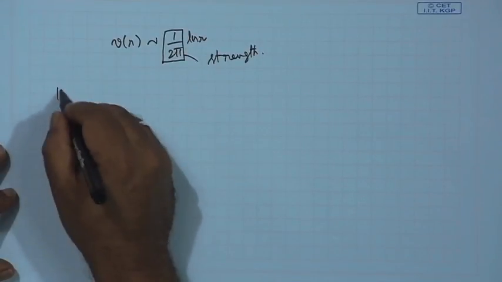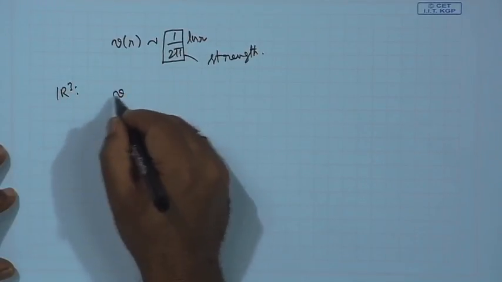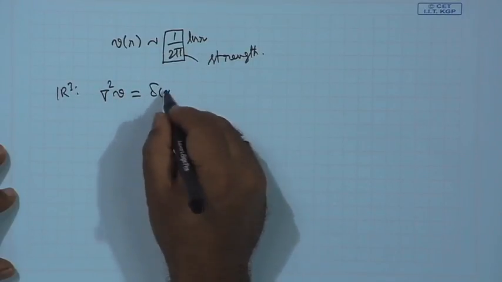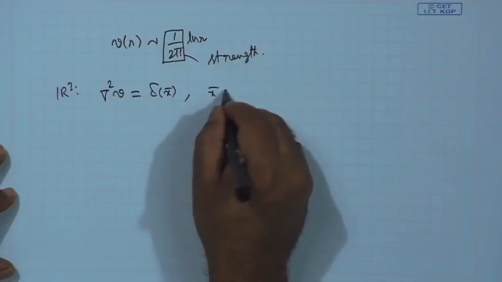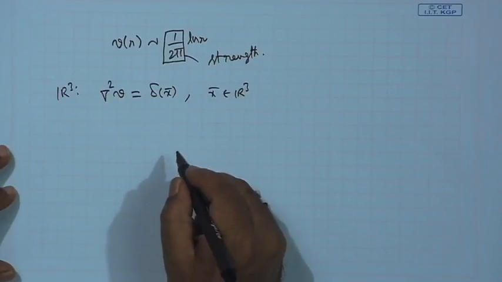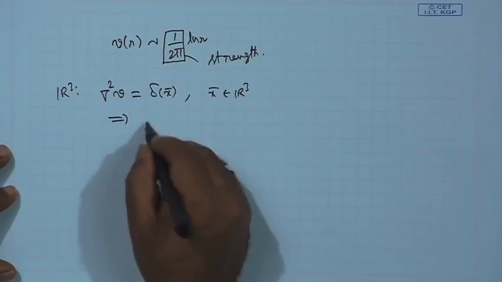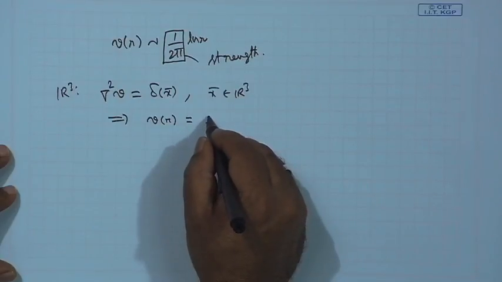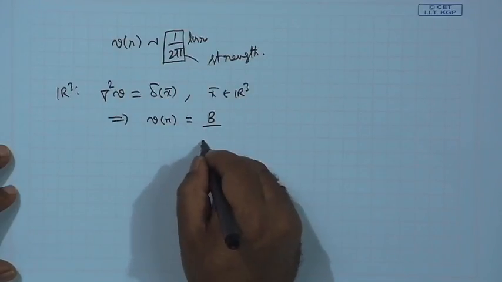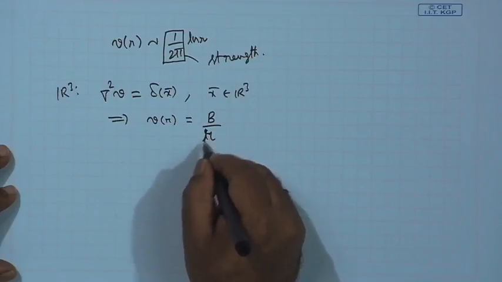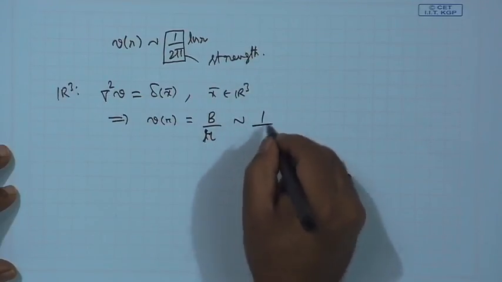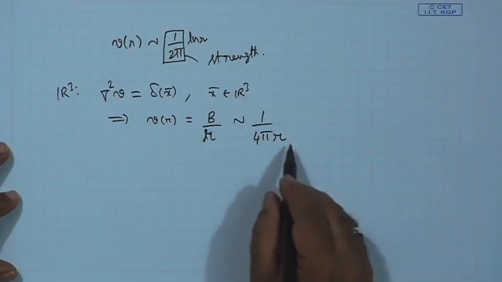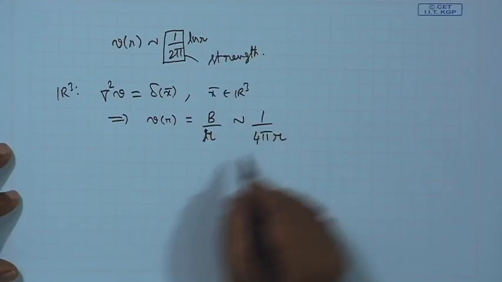So, now without mentioning the proof, we also indicate that if we take any point x bar, where x bar is in R 3, then we get the corresponding solution in 3D behaves like B by R, and the strength can be calculated using similar arguments. Okay. So, this is the corresponding free space Green's function in R 3.